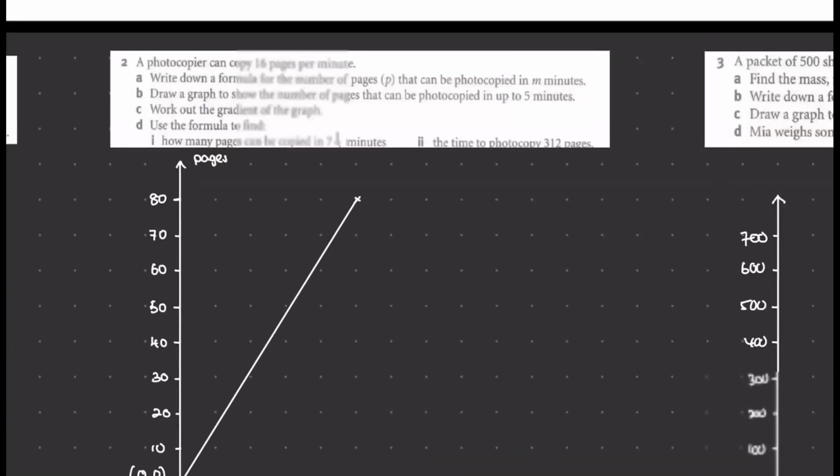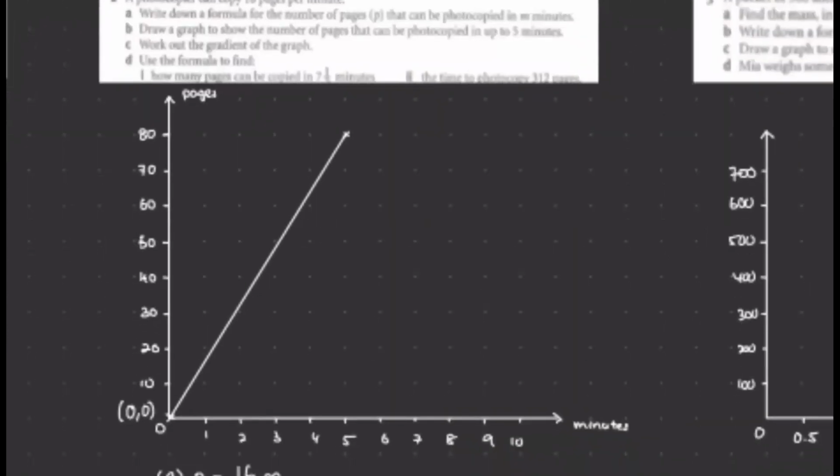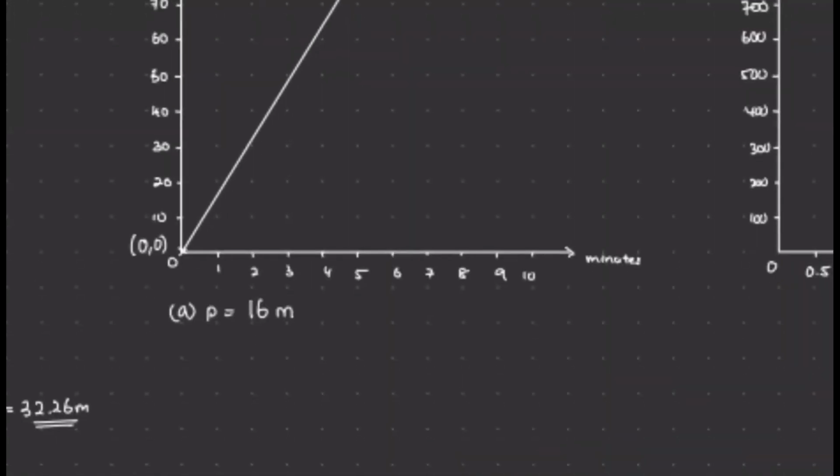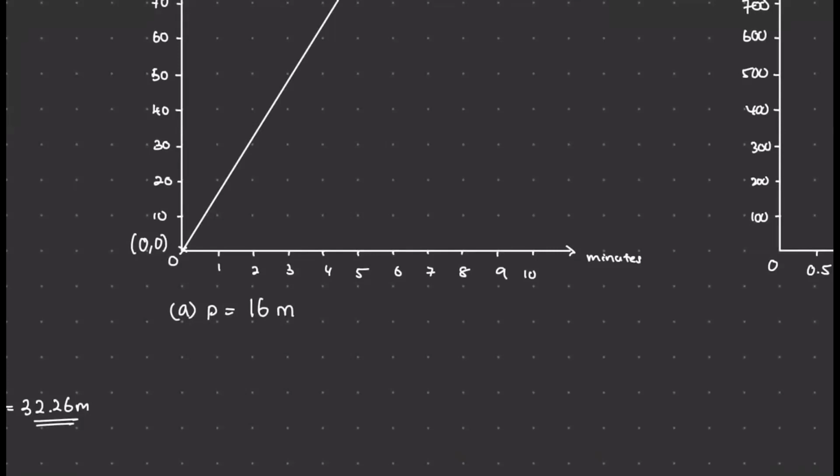So when you have 0 minutes, you get 0. So this coordinate is 0, 0. And at 5 minutes, you take 5 times 16, you get 80. So this is how your graph will look. And then work out the gradient of the graph. Well, if you know how to do it, then you immediately can see.